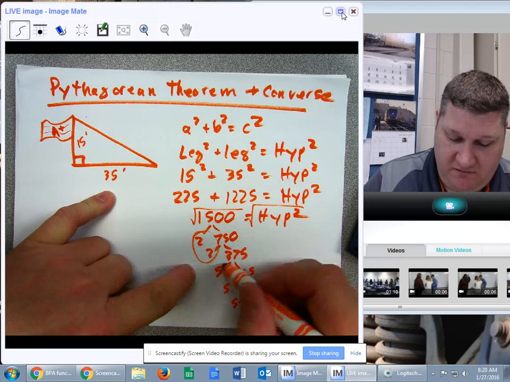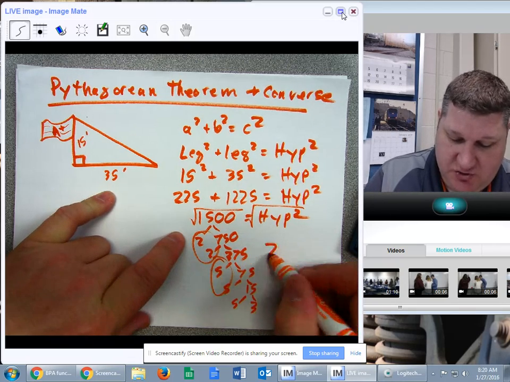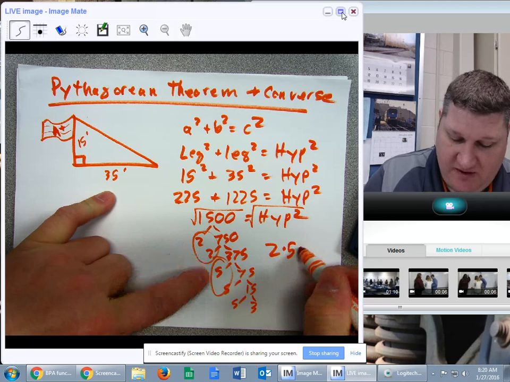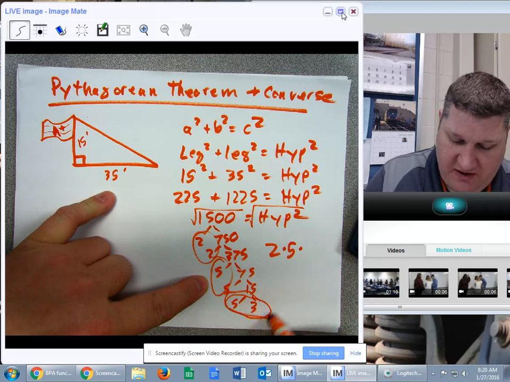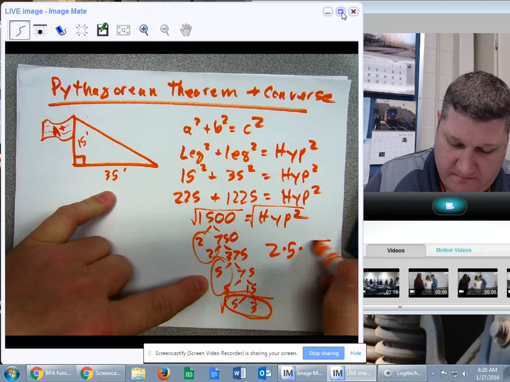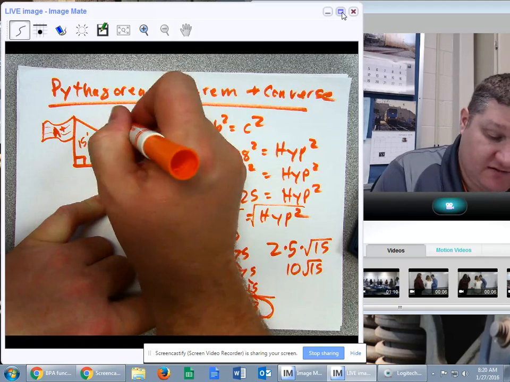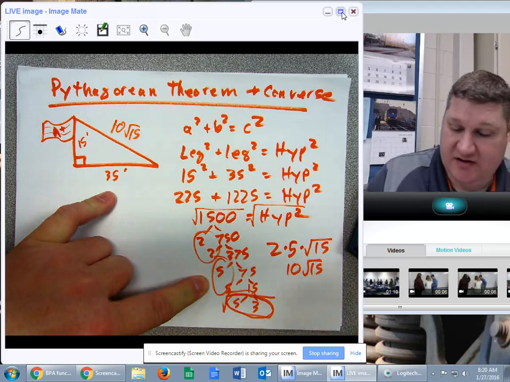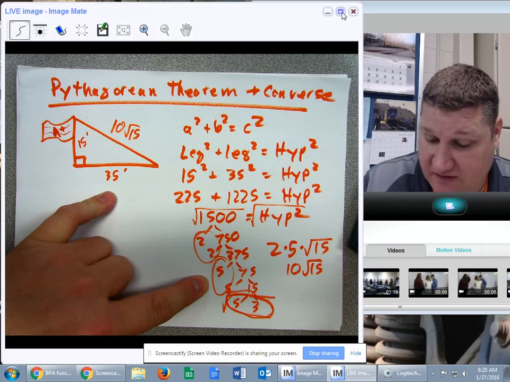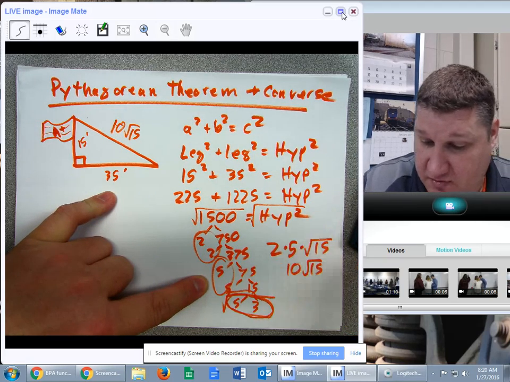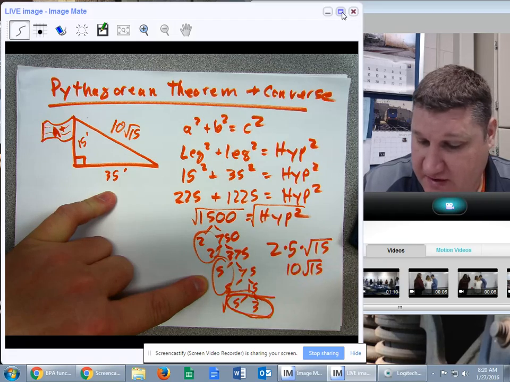I have a pair of 2s, a pair of 5s. So I get 2 times 5, times the stuff that's left over has to stay under the square root, and that's going to be 15. So it's 10 root 15.